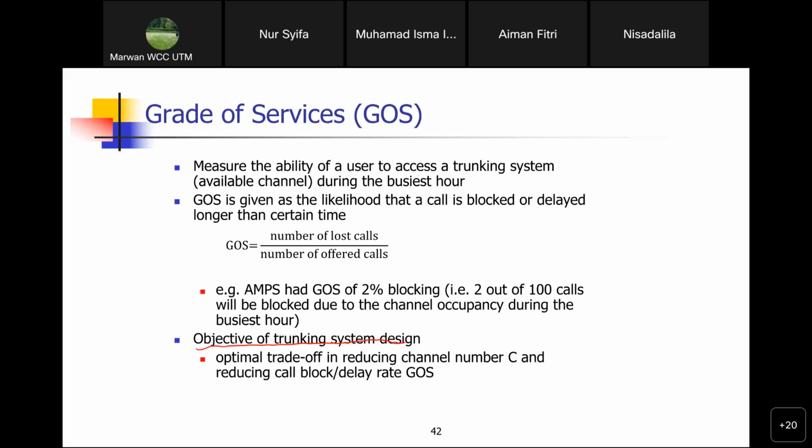You don't want your cost to be too much. We know that if we go to a GOS of, for example, 50%, we can serve more users, but it will not make our system desirable from the customer's point of view, because definitely you don't want customers to be angry and in the end not subscribe with you.